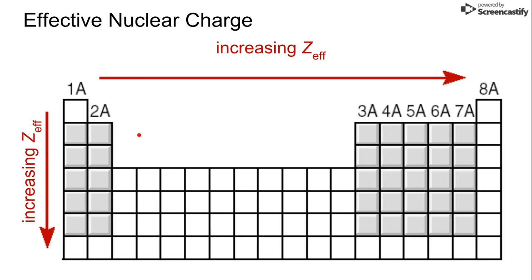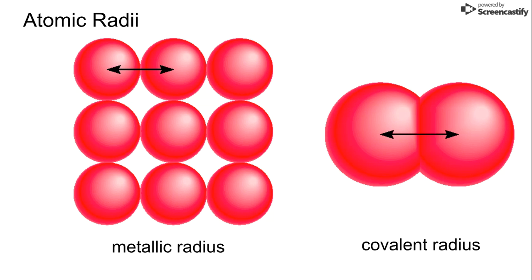But this trend right here, understanding the effective nuclear charge, is really what's going to allow you to describe all the other trends that we're going to talk about. And so the other trend that we're going to talk about in this little video has to do with atomic radius, which essentially is how big are the atoms.